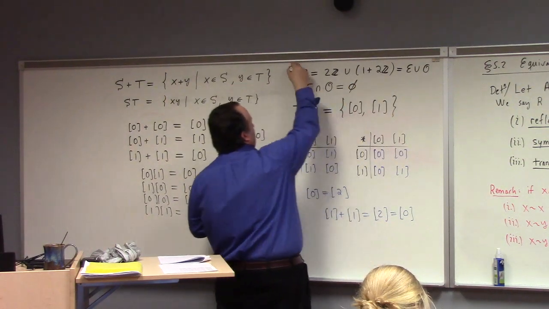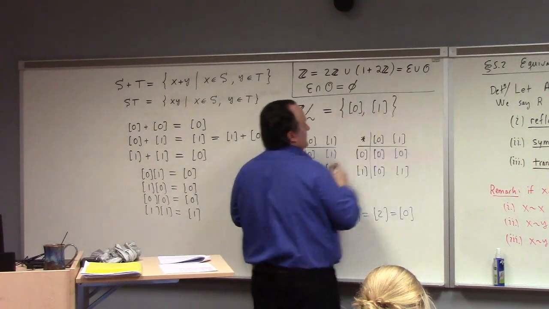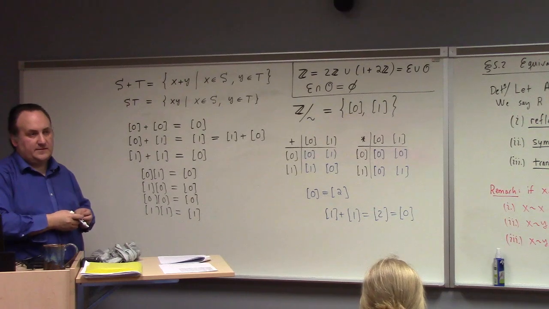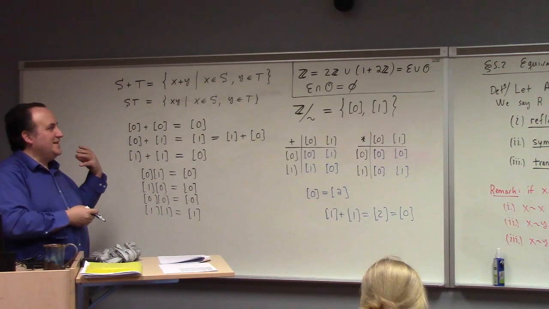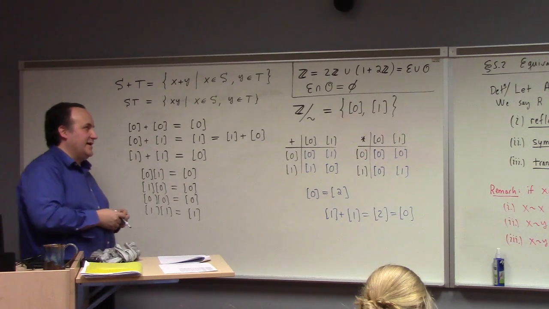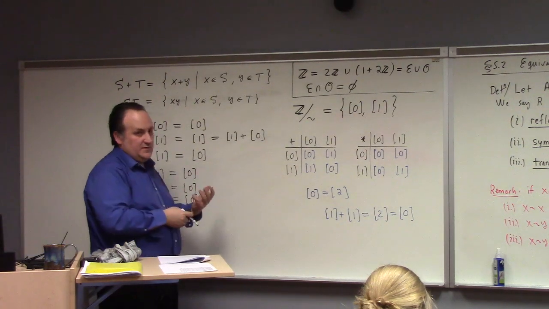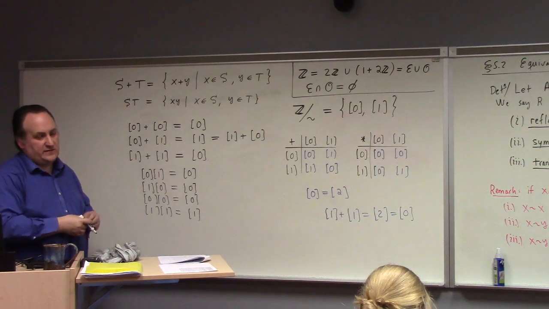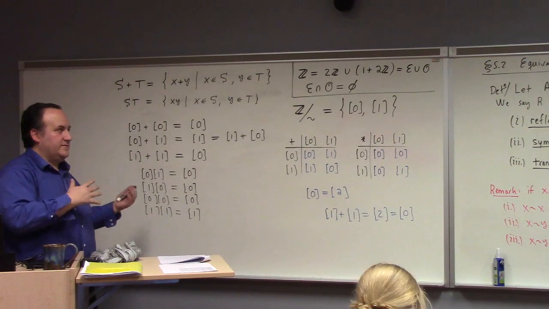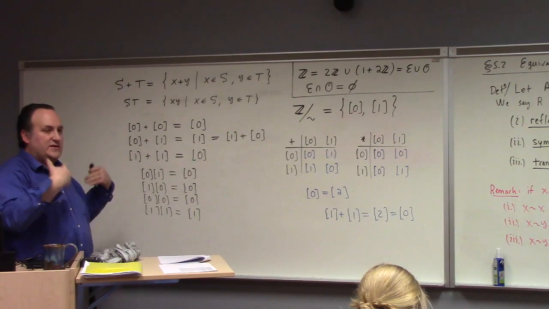So this means that the equivalence classes of this equivalence relation we're looking at partition the integers. We have a partition of the integers into even and odd numbers. That is, we have a pair of disjoint sets whose union forms the whole thing.